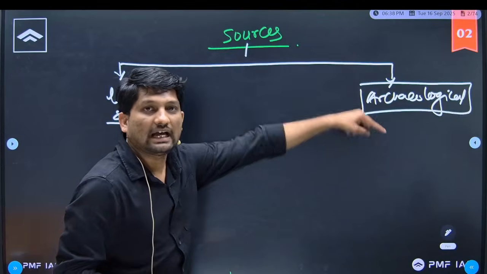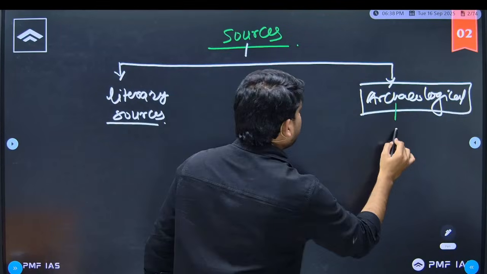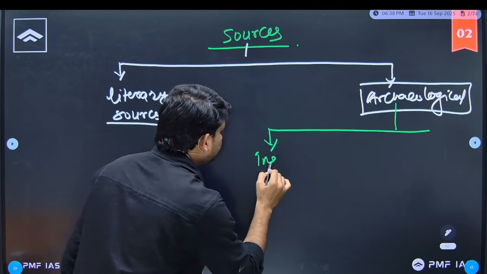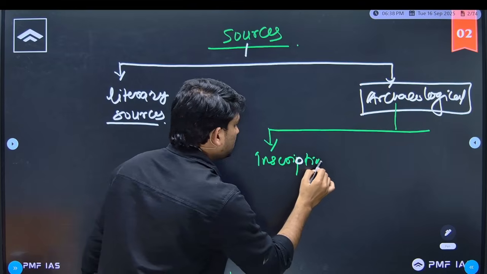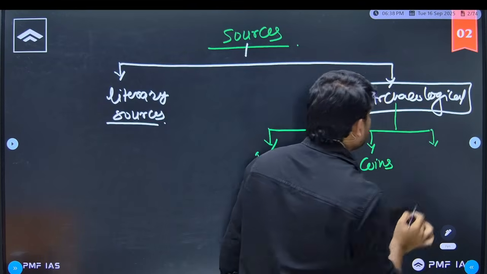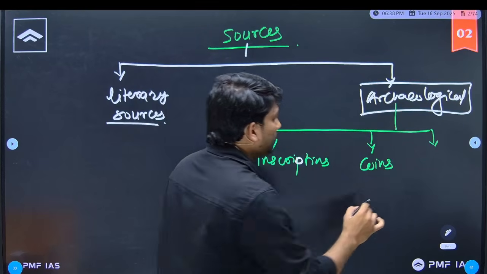Remember, these archaeological sources are further divided into three groups. First inscriptions, then coins, and last material remains.